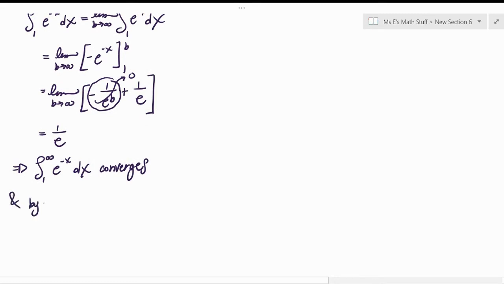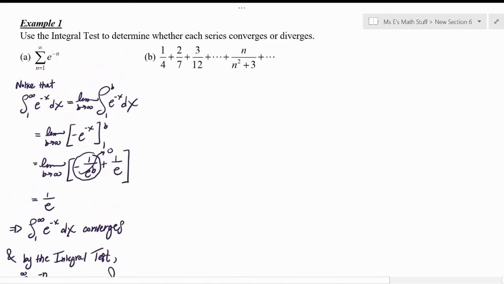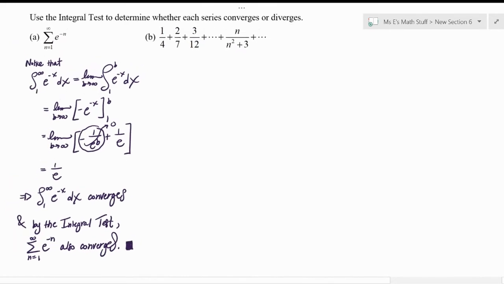And by the integral test, the sum as n goes from 1 to infinity of e to the negative n also converges. If you came to the same conclusion, then that's great. If using this type of wording for your explanation makes your argument more clear, then I would definitely encourage you to borrow that.